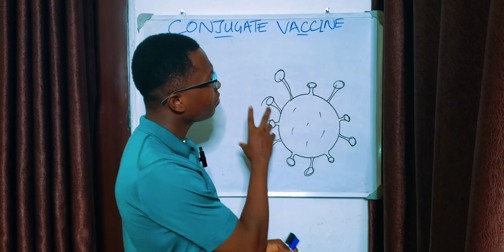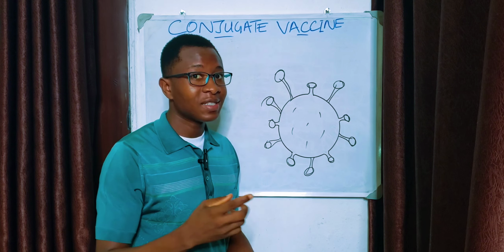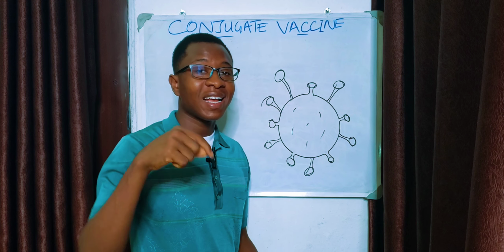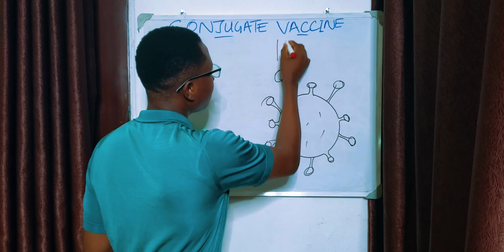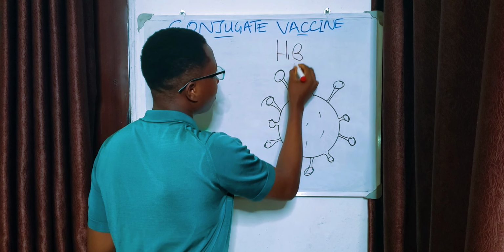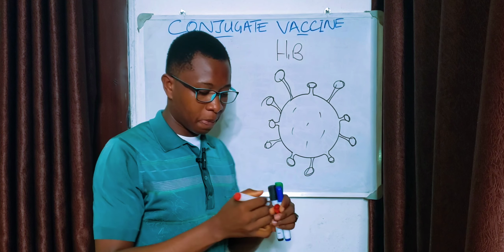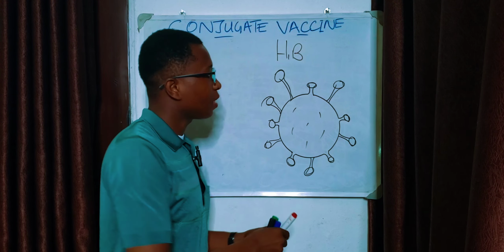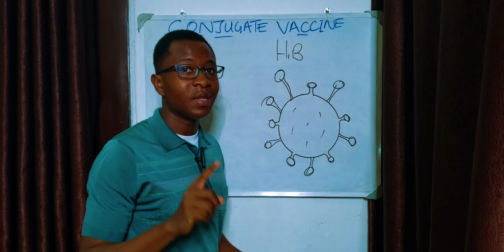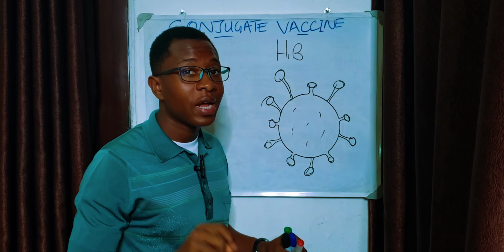An example of an organism that can't be identified by the immune system is HIB, the Haemophilus influenzae type B. When this gets into the body, the immune system is not able to recognize it.